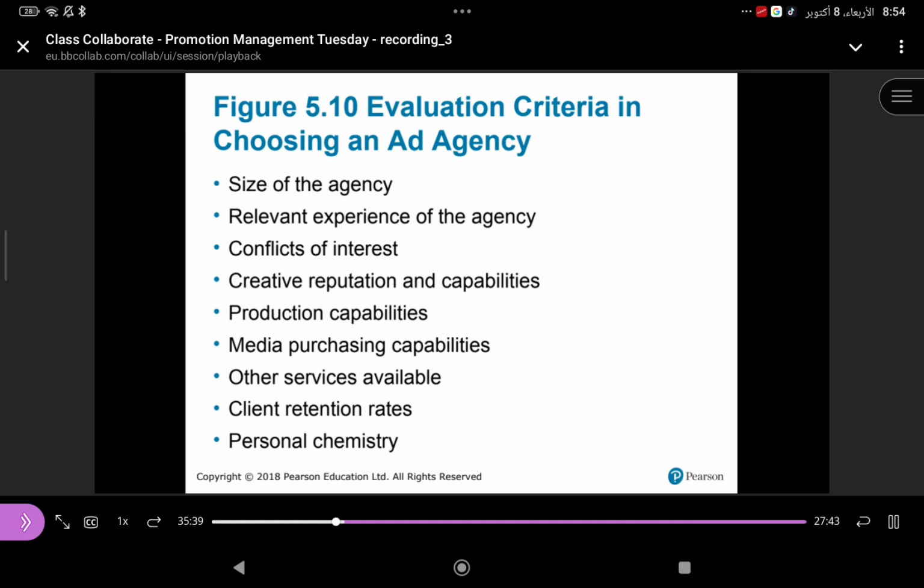And this is the evaluation criteria in choosing the ad agency. It talks about the size of the agency, relevant experience, conflict of interest, creative reputation, capabilities, production capabilities, media purchasing, other services, client retention, and personal chemistry.